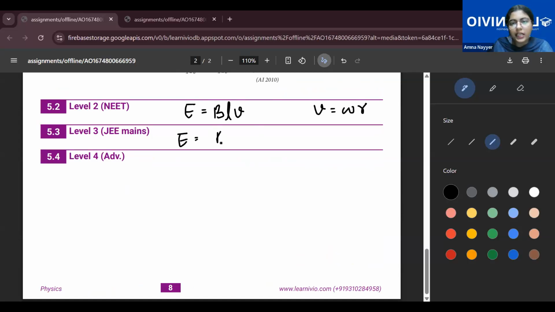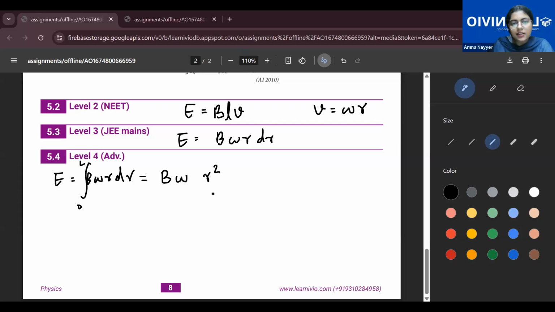If I put the value of V as omega R, we get B omega R, and instead of DL, I'll use DR because a very small length is taken. So I'll integrate this B omega R DR from 0 to the complete length of the rod. Now B omega can be taken out common.